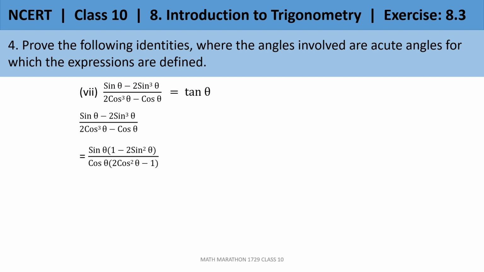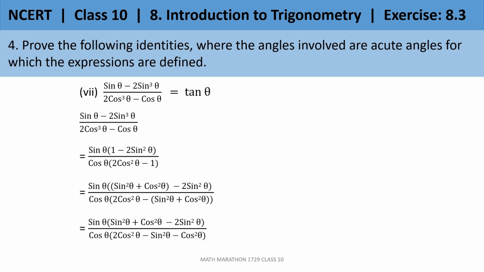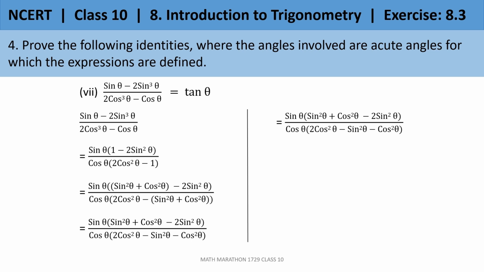We know that sin square theta plus cos square theta is equal to 1. So, let us replace 1 with sin square theta plus cos square theta. In numerator, we have sin square theta and minus twice of sin square theta.